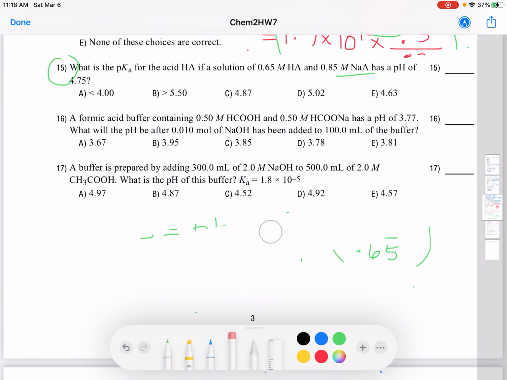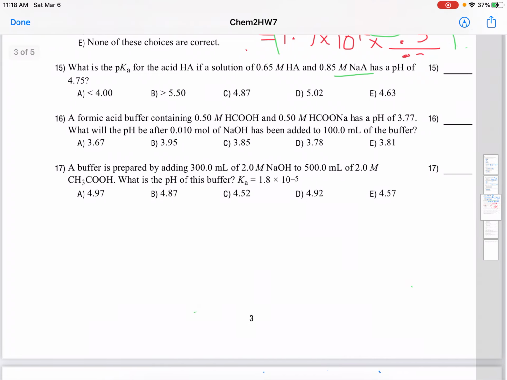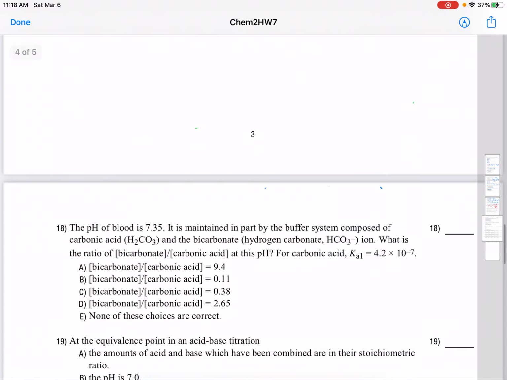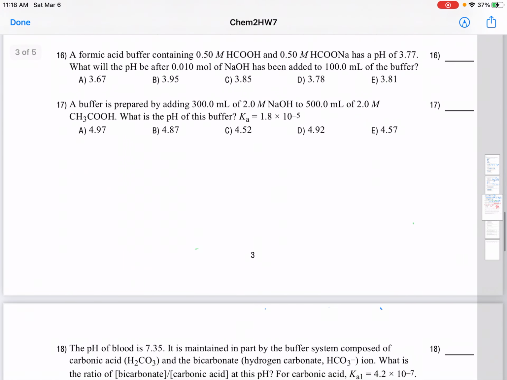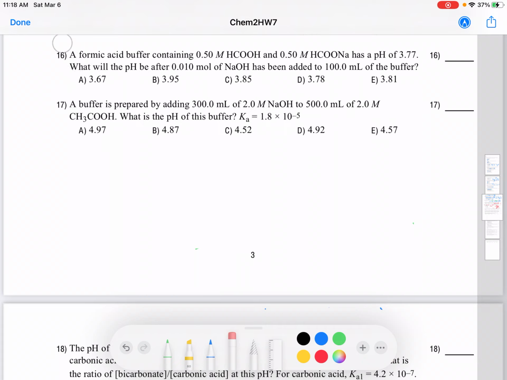Number 16. A formic acid buffer containing 0.5 molar formic acid and 0.5 molar sodium formate. The pH is given.